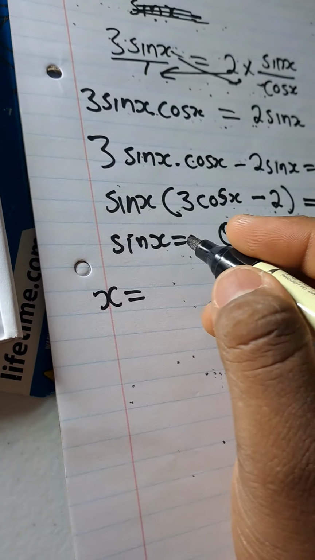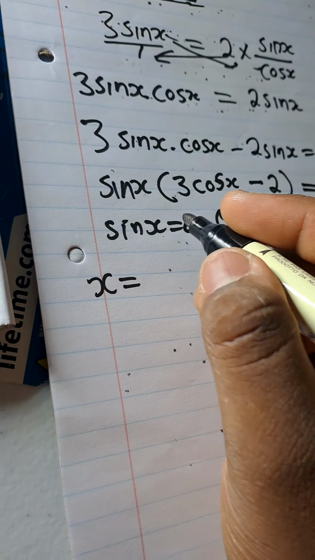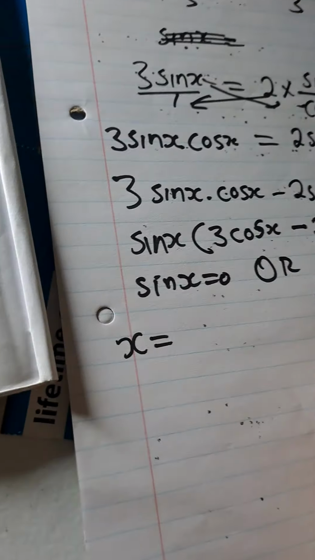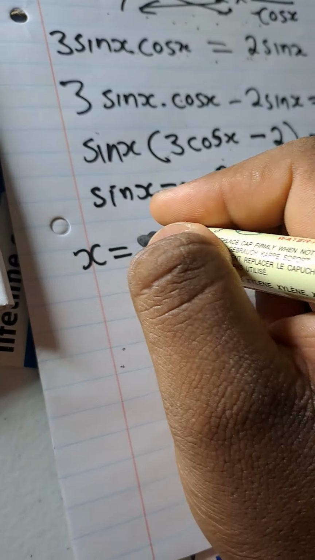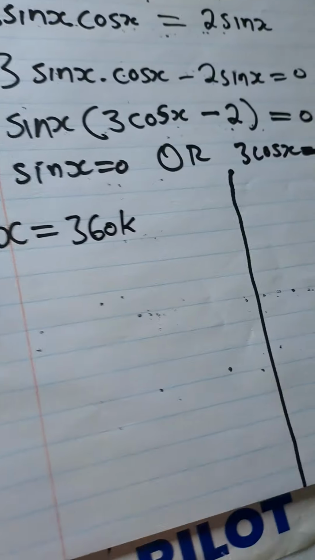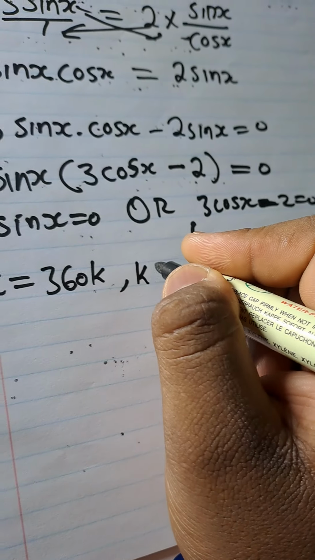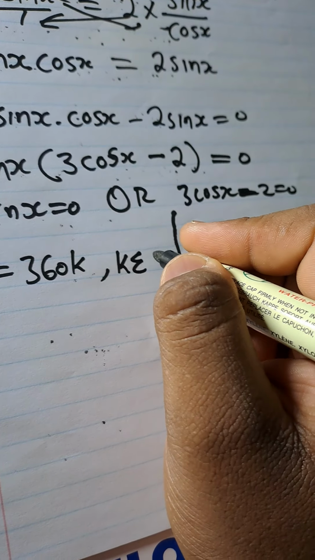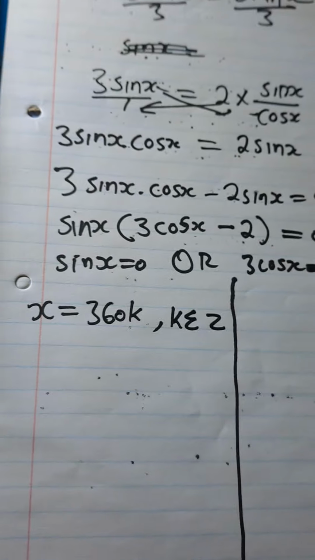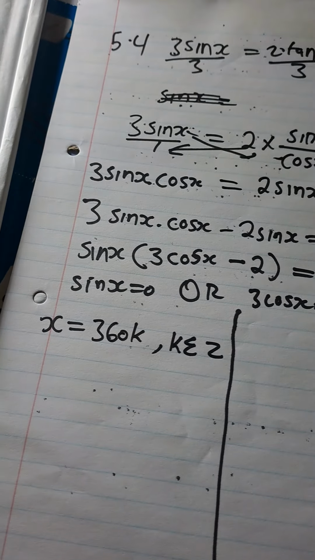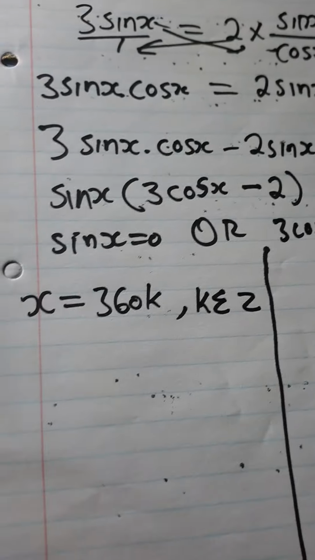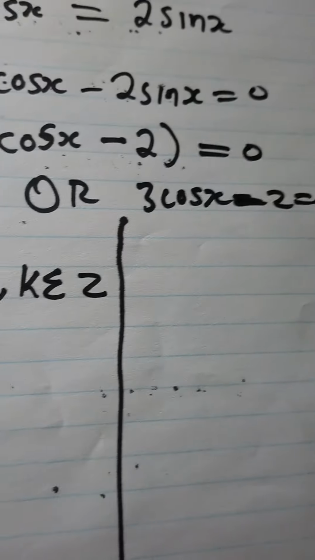Because you don't have a value for it, let me check my maths. So I'm just going to say the first x is equal to 360k, and then you say k is an element of integers. You're done. Then let's do the last one.